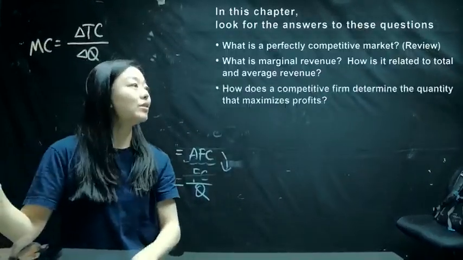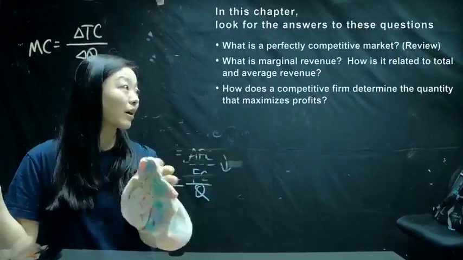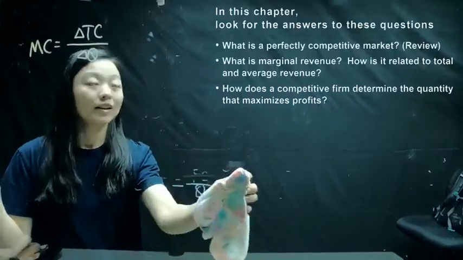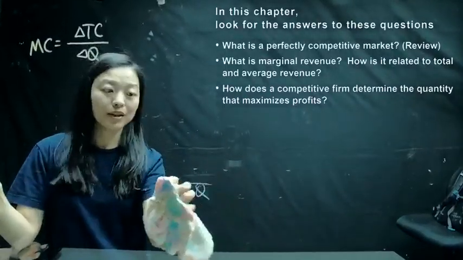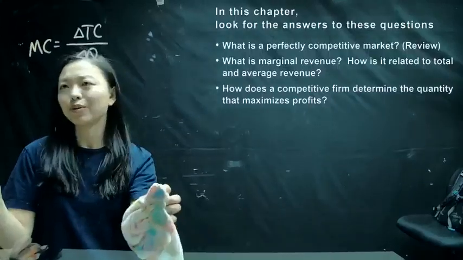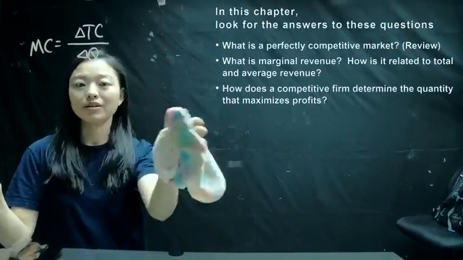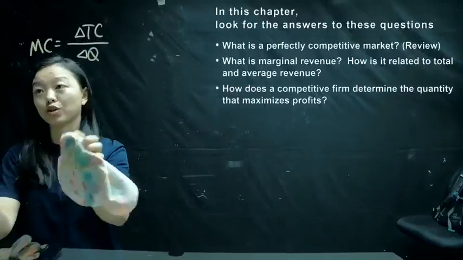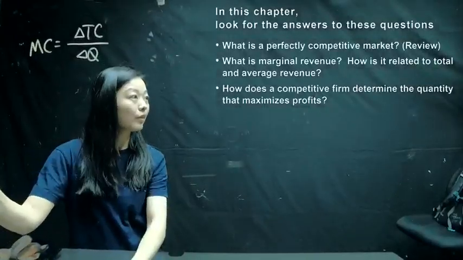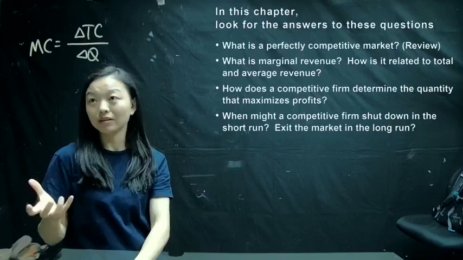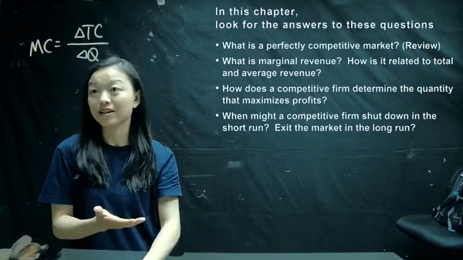Then we'll move on to how a competitive firm decides the quantity to be produced. You can think about it as if you are the manager of a competitive firm: how do you decide how many units the company should produce? And when does a competitive firm shut down in the short run or exit in the long run?